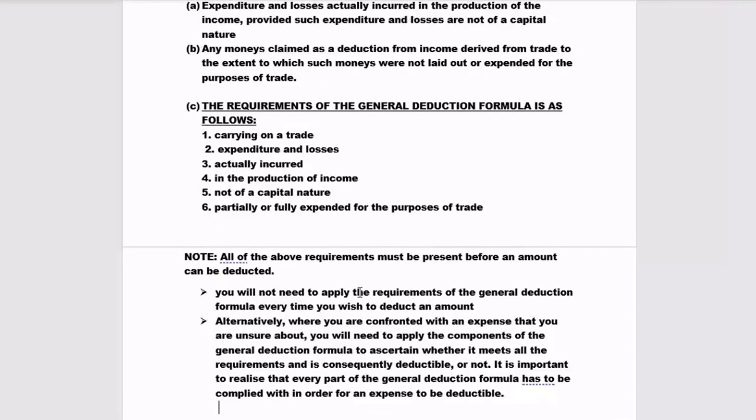You must be carrying on a trade, and there must be expenditure and losses actually incurred in the production of income and not of a capital nature. They should be partially or fully expended for the purpose of trade. Meaning that if it is partially, whatever is partially for trade will be deducted, but if it is fully, it will be fully deducted.